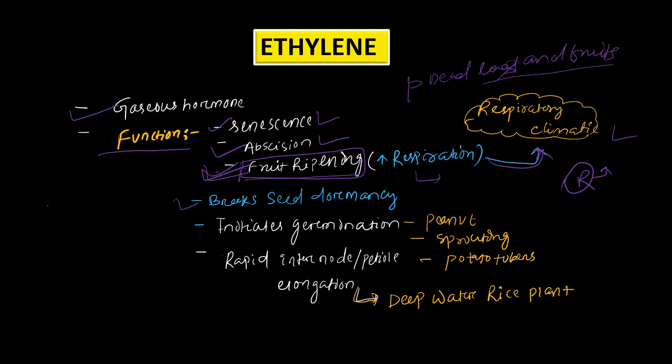Next is breaking seed dormancy. So what is seed dormancy? Let's consider this is a seed. If this seed does not germinate, this condition is known as dormant. If the dormancy is broken, it is known as germination.